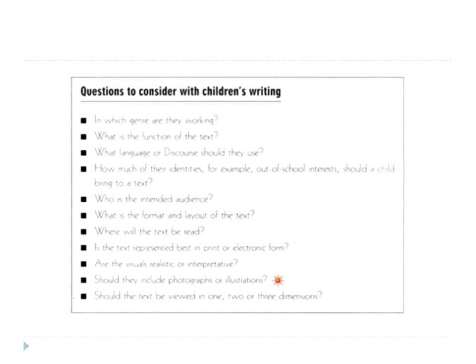Is there a focus on photographs or illustrations, or could there be in your unit? Should the text be viewed in 1, 2, or 3 dimensions? So 1 dimension might just be reading the text. 2 dimensions, perhaps you could have a lovely poster up there with an image. 3 dimensions, perhaps you do a role play or do a freeze frame to represent a particular part of the text.